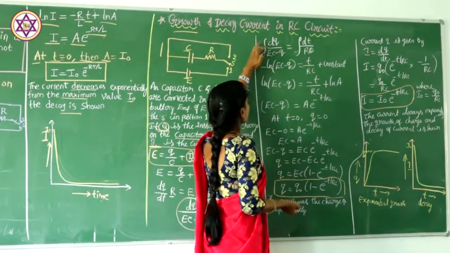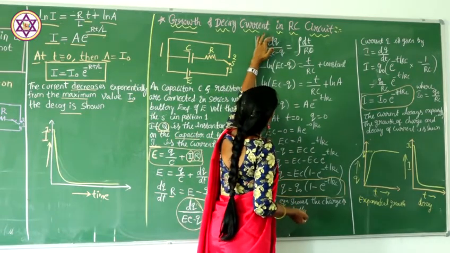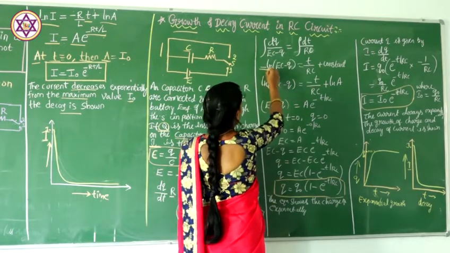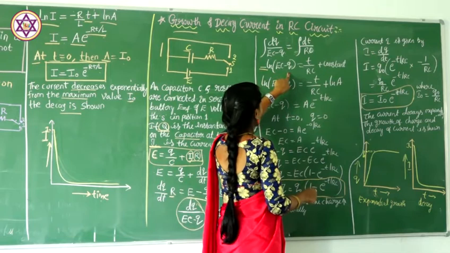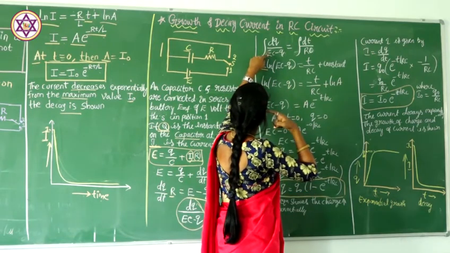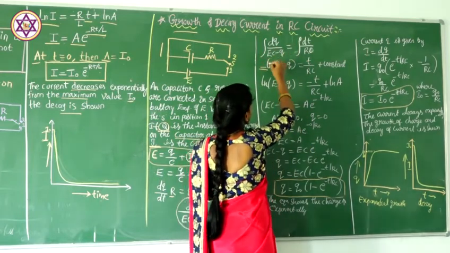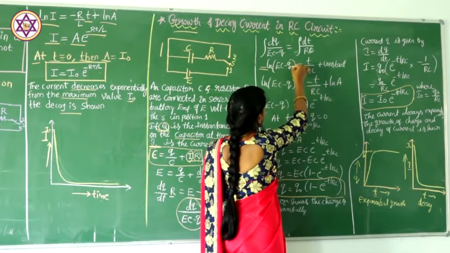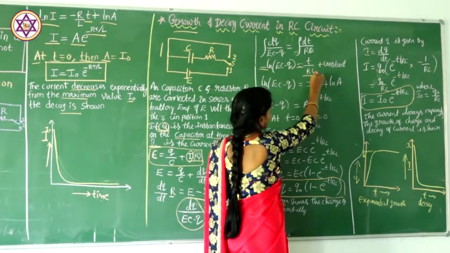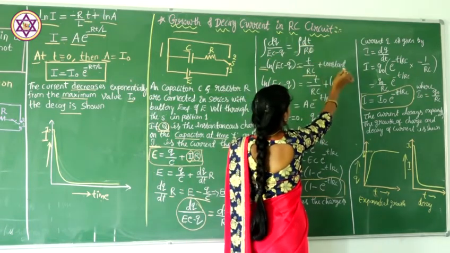The integral of 1 by (EC minus q) gives ln of (EC minus q), with a negative sign, which equals 1 by RC times the integral of dt, which is t plus a constant.